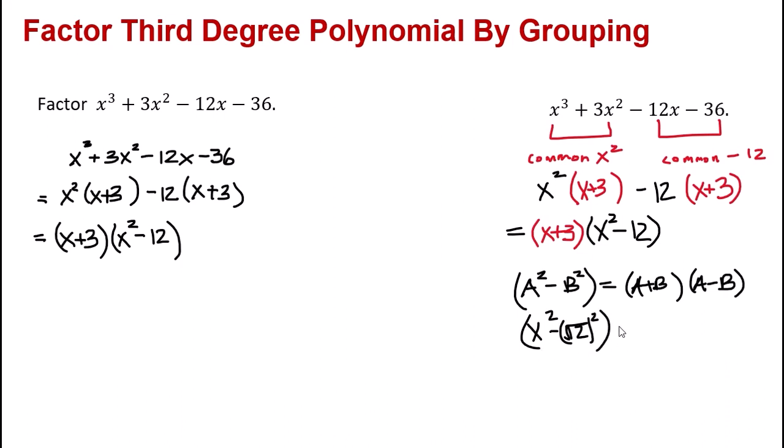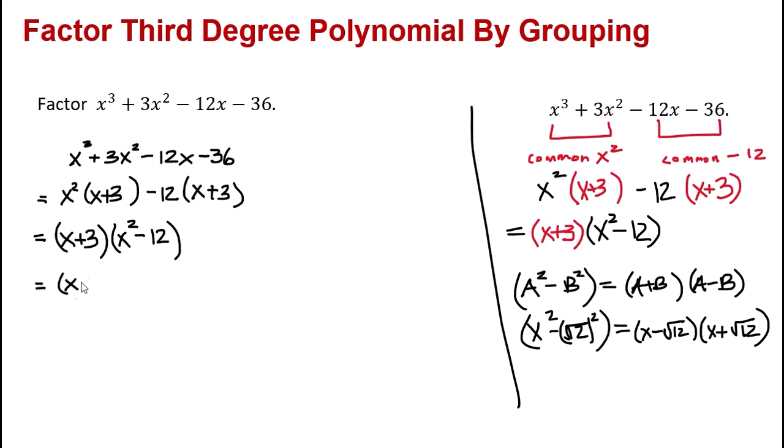Which means if we're going to factor this, it would be x minus the square root of 12 multiplied by x plus the square root of 12. Now remember, this all is my scratch work here. So if I'm going to factor this completely now, I have x plus 3 times x minus the square root of 12 multiplied by x plus the square root of 12.